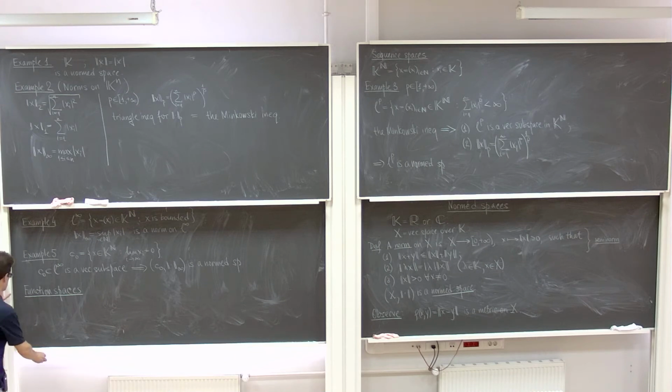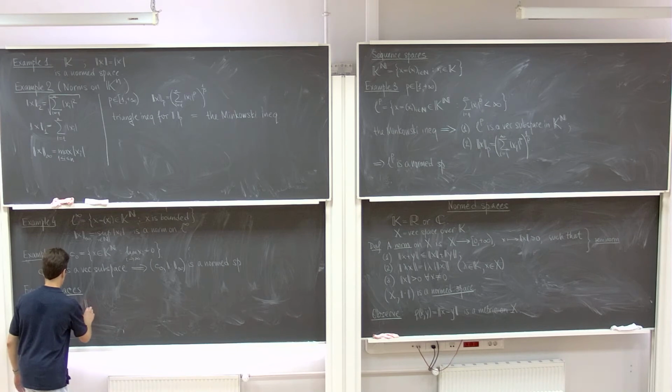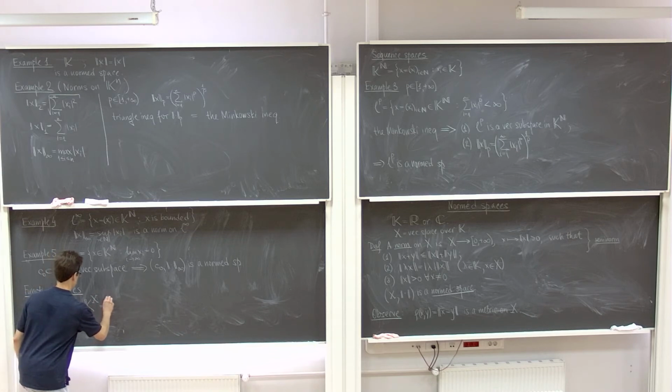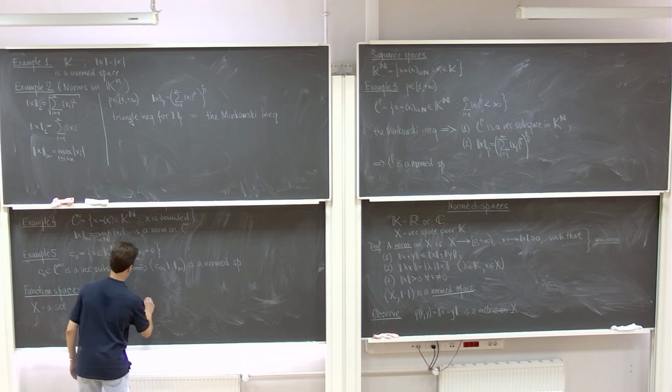If X is any set, then the space of all k-valued functions on X will be denoted by k to the power X. This is the standard notation for the space of all functions from X to k.